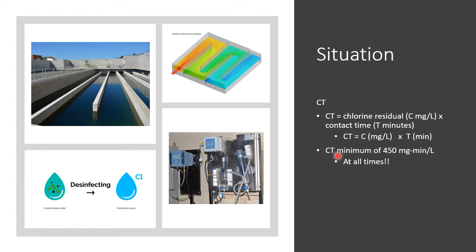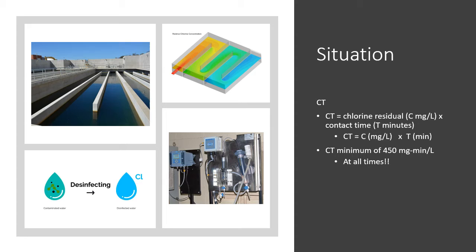According to the regulations, the lowest CT value that we're able to have at any one given time is 450 milligrams per minute per liter. So if it drops below that, we're in violation, and we have to eventually pay a fine for however long the duration we were below the set standard.